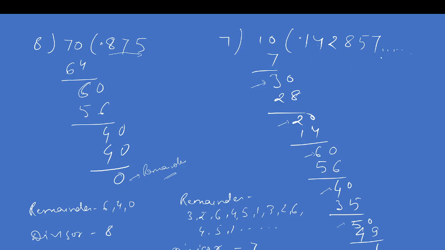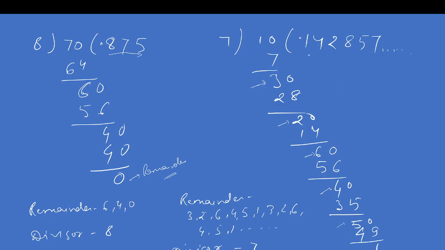If you divide further, what you see is you started by dividing 1 with 7, and again it is coming 1 with 7. Understood? So if you go on dividing, it will again come 0.142857, again 0.142857.